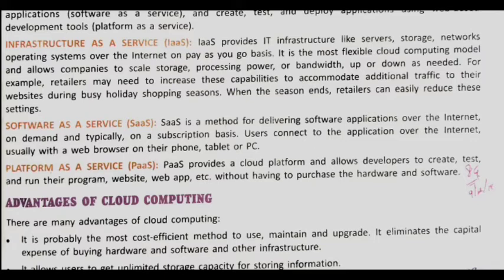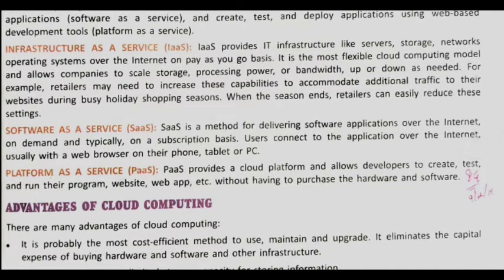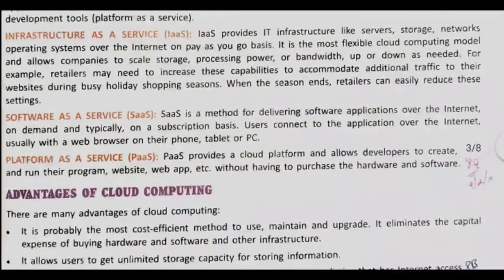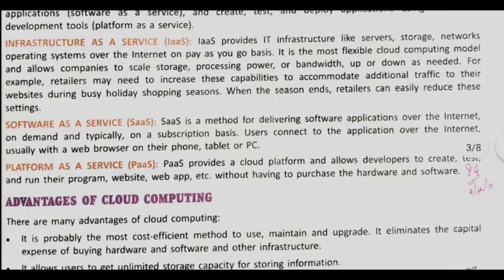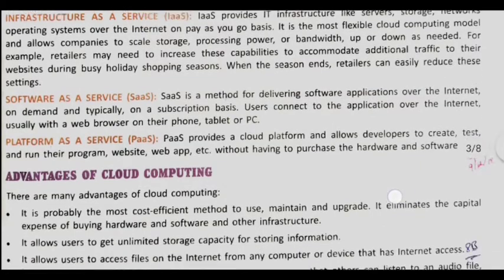IaaS provides infrastructure like server, storage, network, and operating system over the internet, and the model is the same, pay as you go. With the help of this, it is very flexible. You can increase the storage, processing power, and bandwidth as per your need. And if you do not need the same type of workload, you can also reduce the workload.